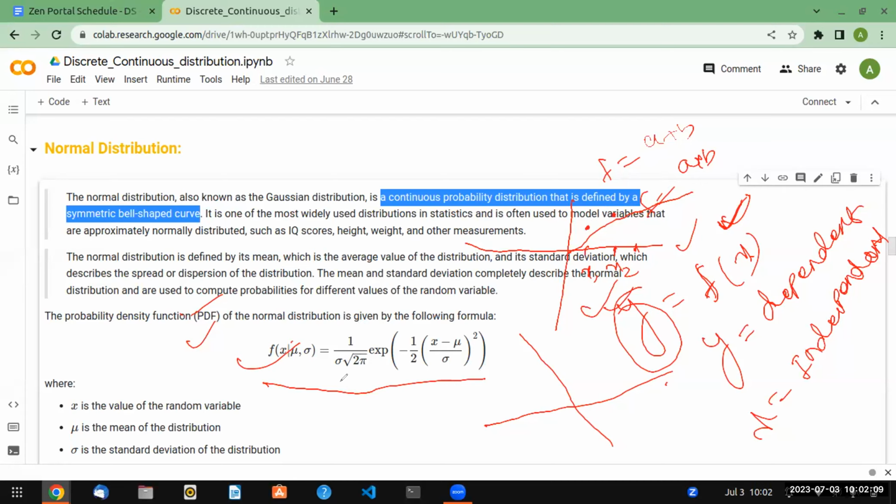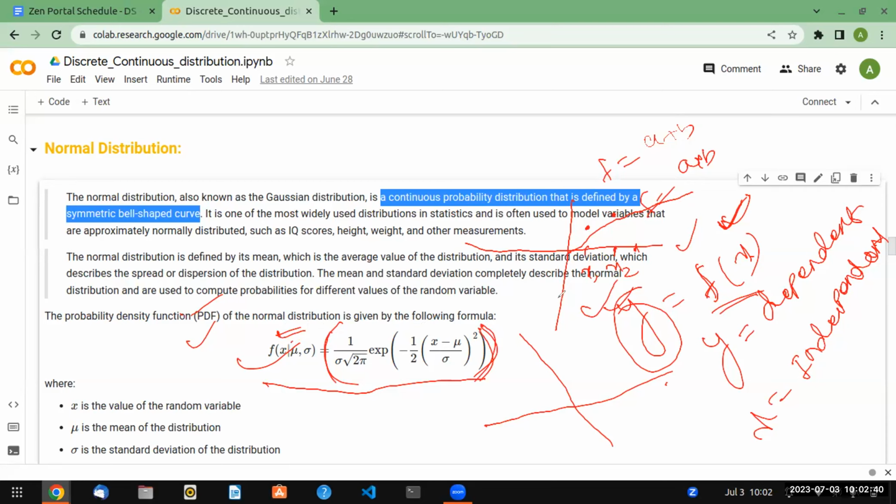The output of this calculation, f of x. Okay, so y is nothing but f of x, mu and sigma. What is this mu and sigma? Here mu means mean, sigma means standard deviation of your data. x is the independent variable. This is your f of x. Same here. And this is your y.